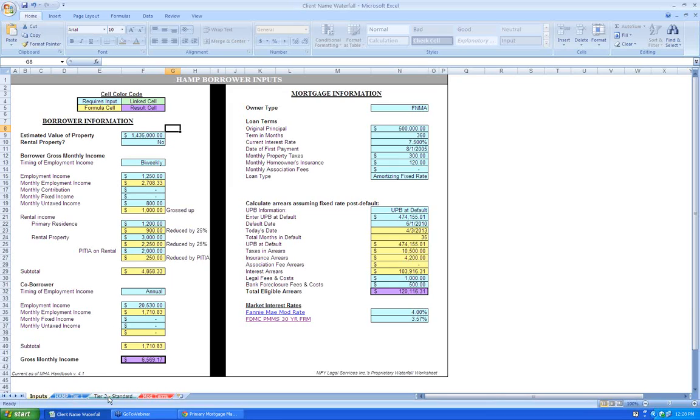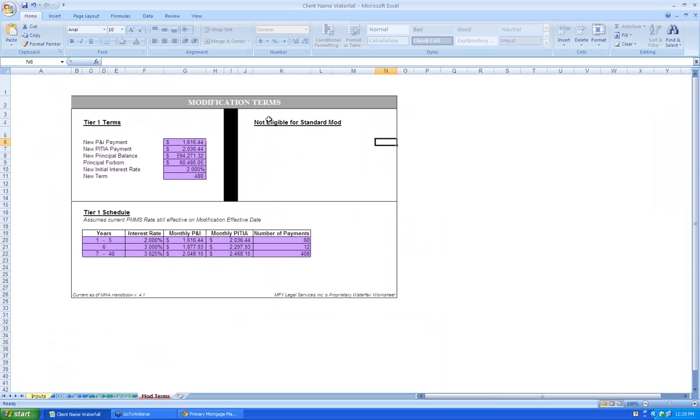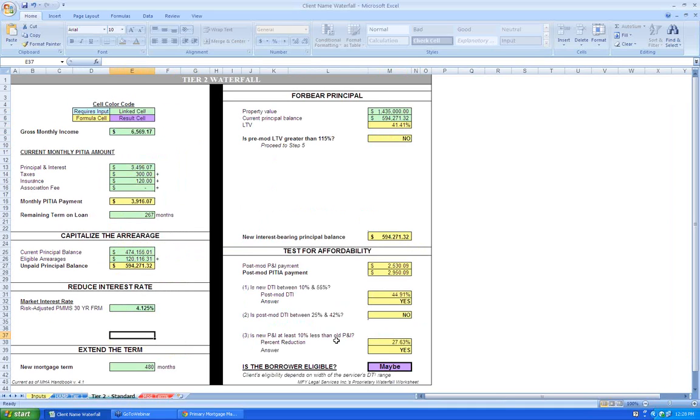So when they look at a standard mod, they'll see that their LTV is below the 80% limit, and they're not eligible for a standard modification. Now, that same person, if they had a non-GSE loan, would still potentially be eligible for a modification depending on whether their servicer had a debt-to-income range that went up to basically 45%.